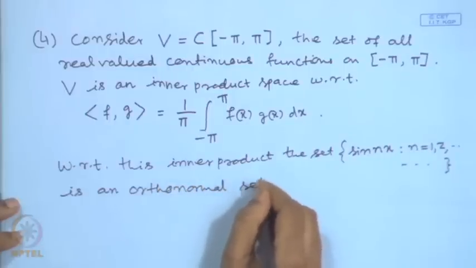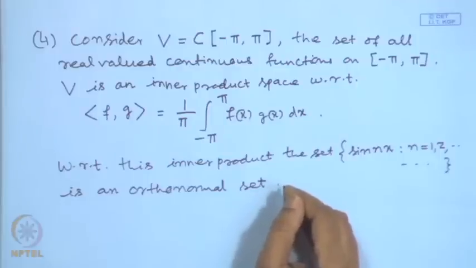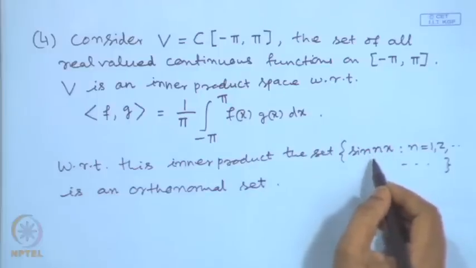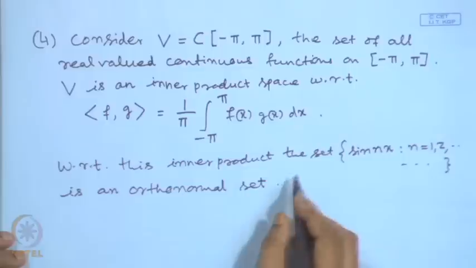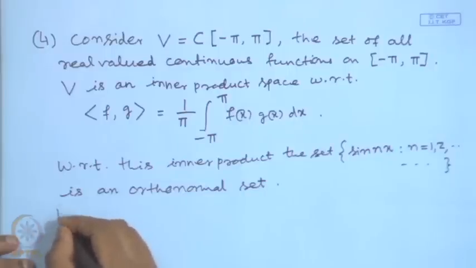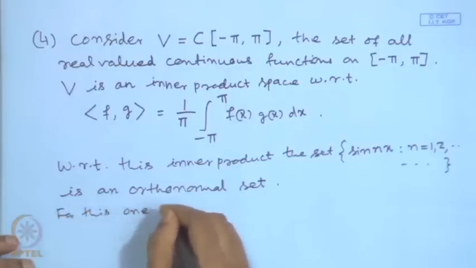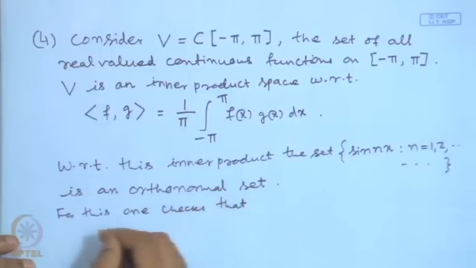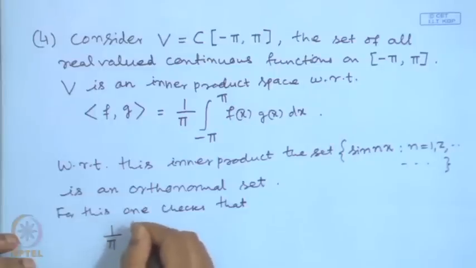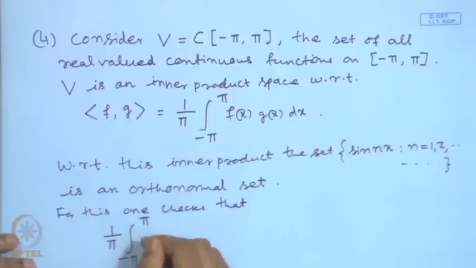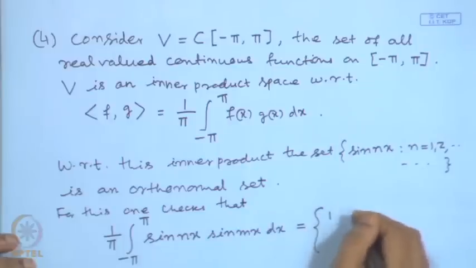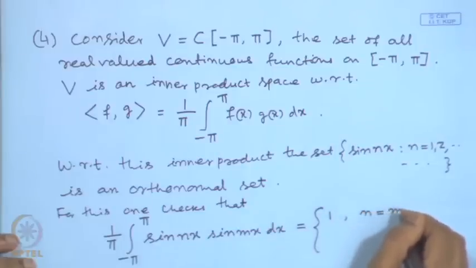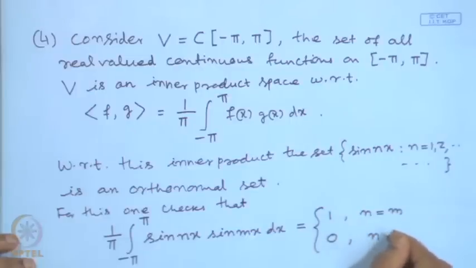To check this, one should prove that the value of the integral 1 upon pi, integral from -pi to pi of sin nx into sin mx dx, is equal to 1 if n is equal to m, and equal to 0 for n not equal to m.